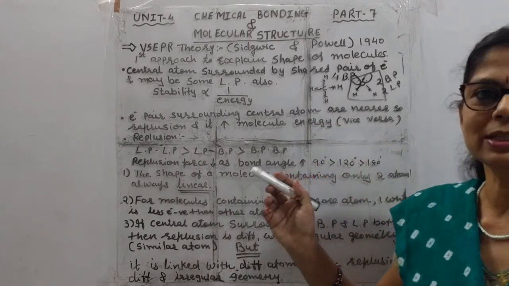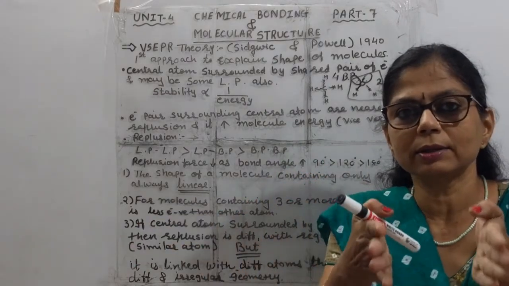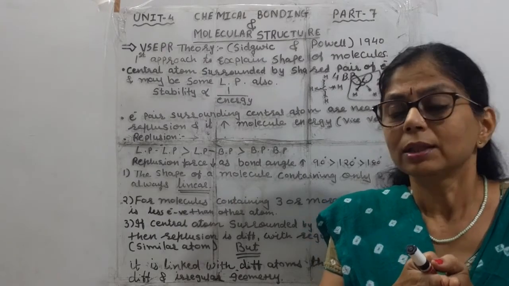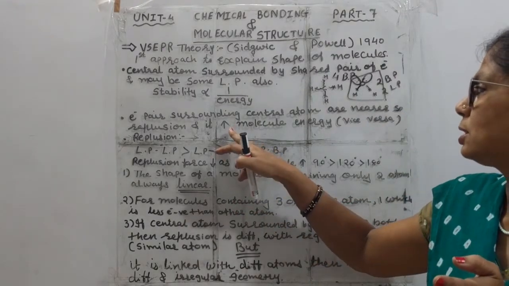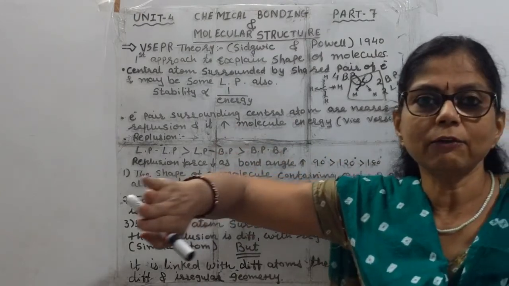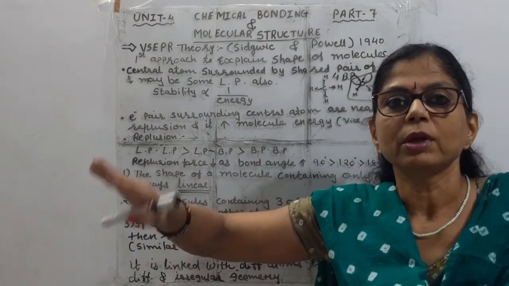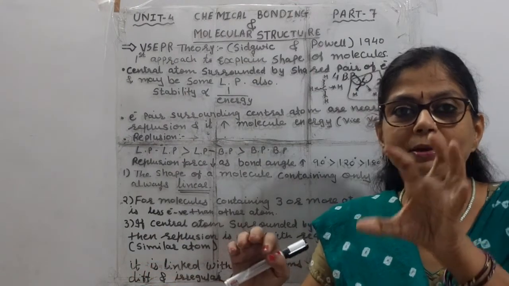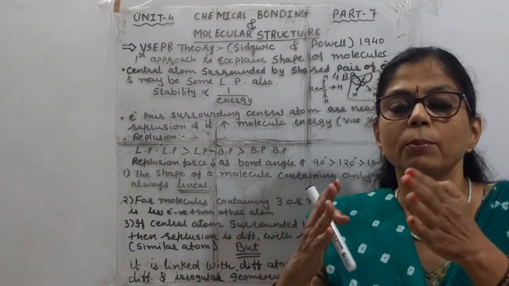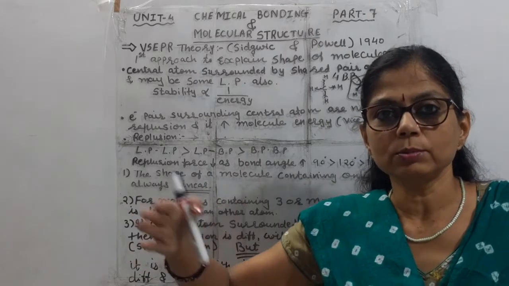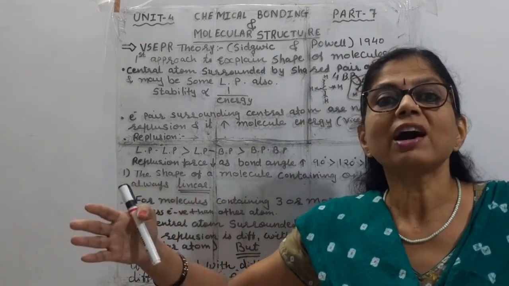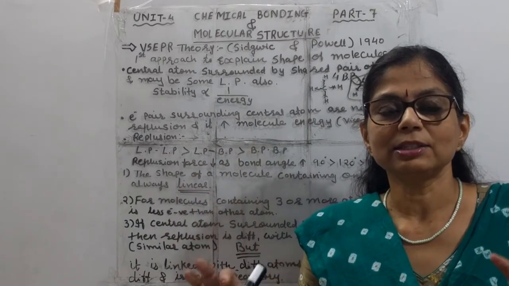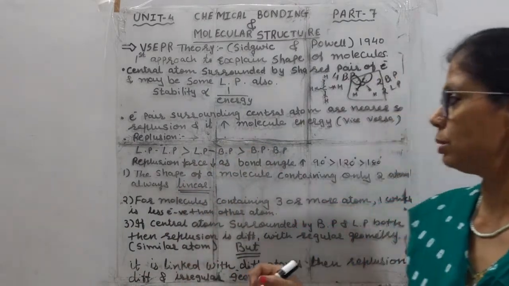And vice versa also, if the surrounding atoms are nearer to the central atom, then the energy is more. But if they are far from the central atom, the energy is less. And that, as I said, the central atom tries to keep the surrounding atoms at a farther distance, so it can attain the stability very easily, student.